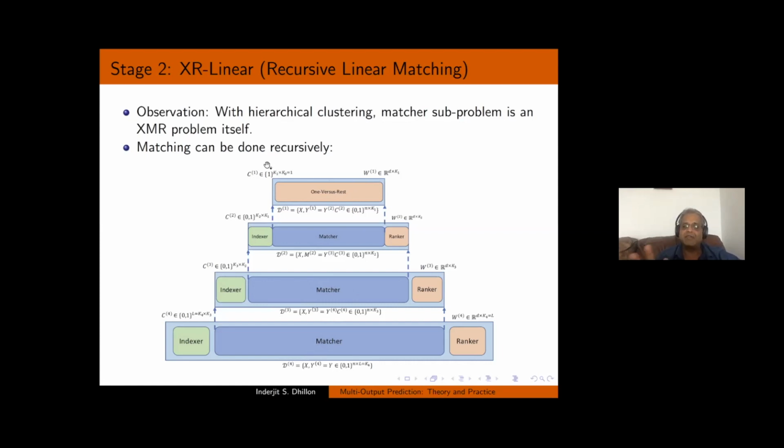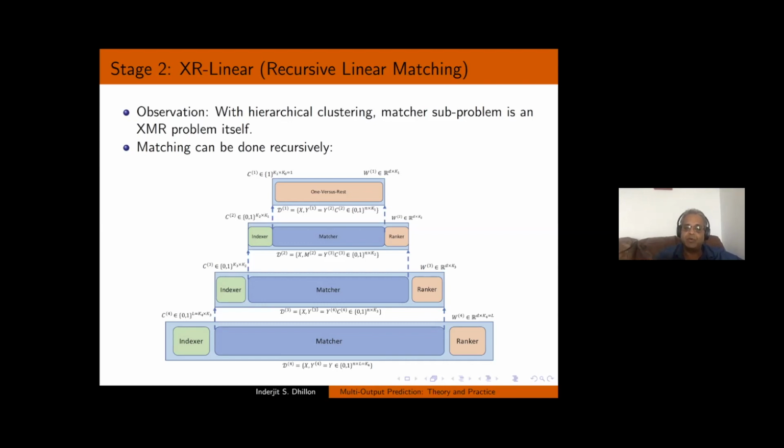And in practice, we basically build, so think of now the outputs as being organized in a hierarchical tree, and then associated with each node, for example, the root, there is a classifier of whether to go left or right for a given input. And they can go both ways, okay? So then we can build these matchers so that we can very quickly go from the root to the bottom of the tree, which is going to be itself a cluster of labels.